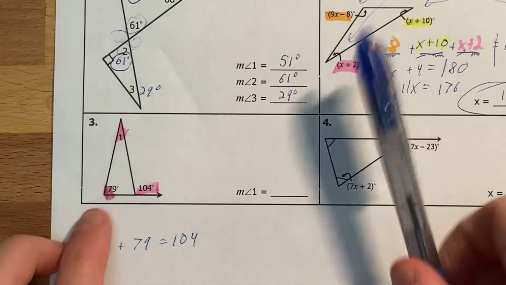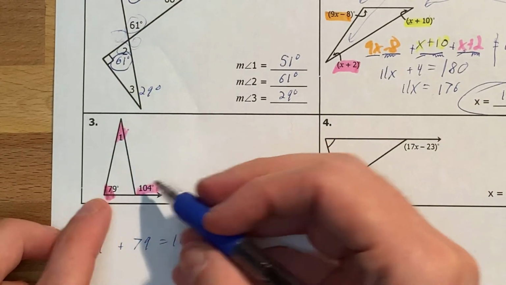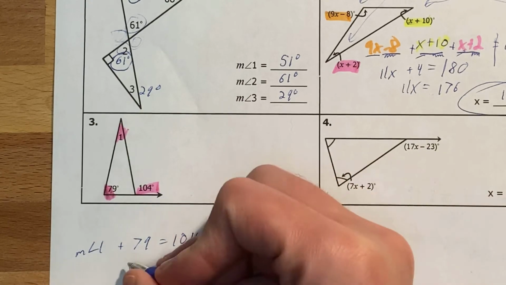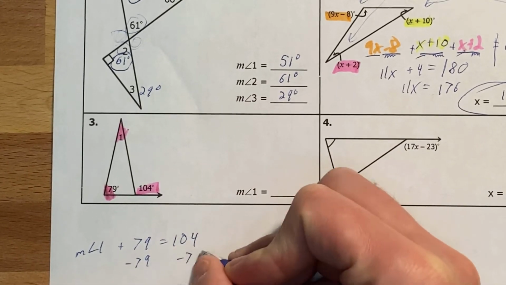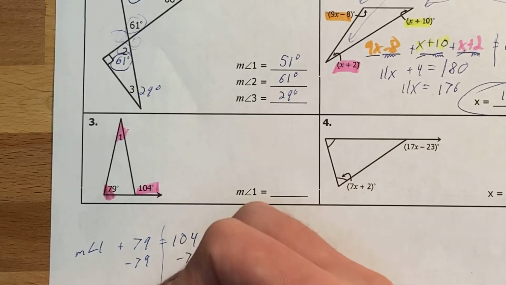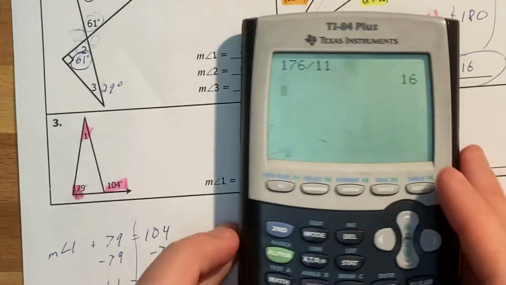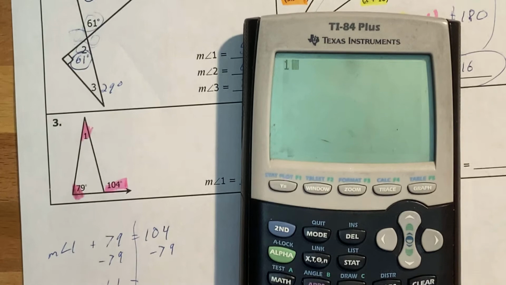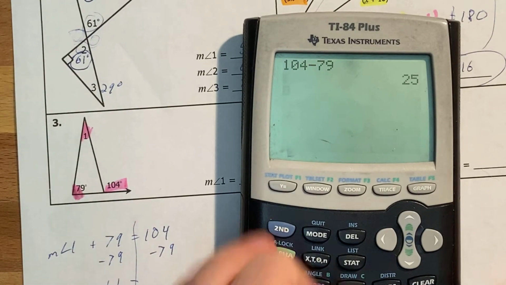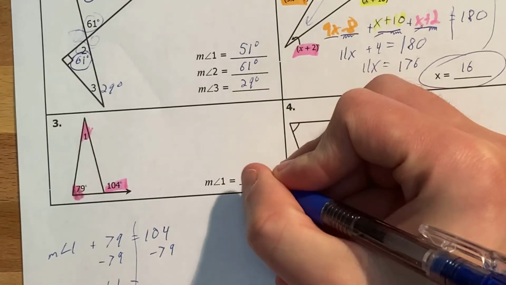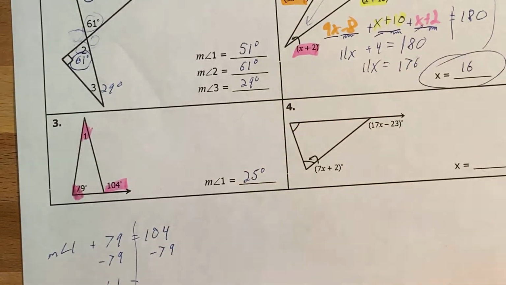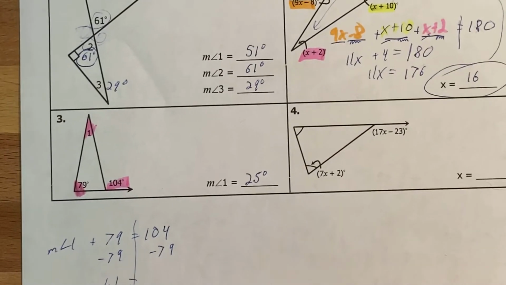That's the exterior theorem. So the 79 plus the 1 equals 104. So you would subtract 79 from both sides. And you get 25 degrees. And that's way number 1.